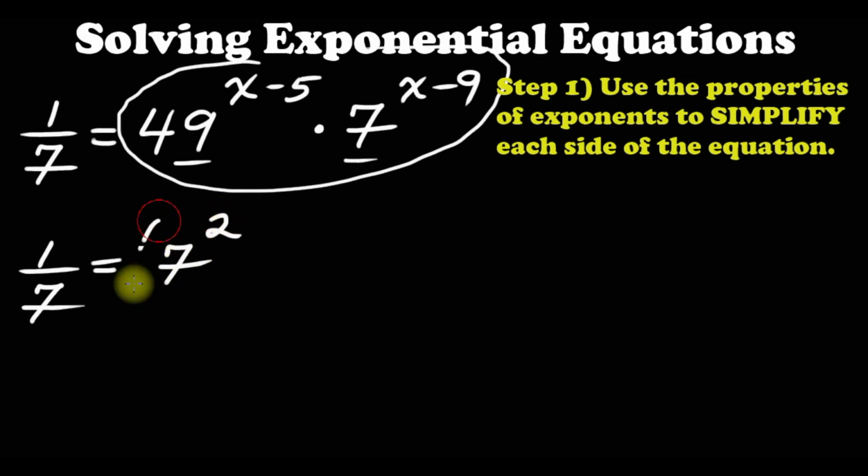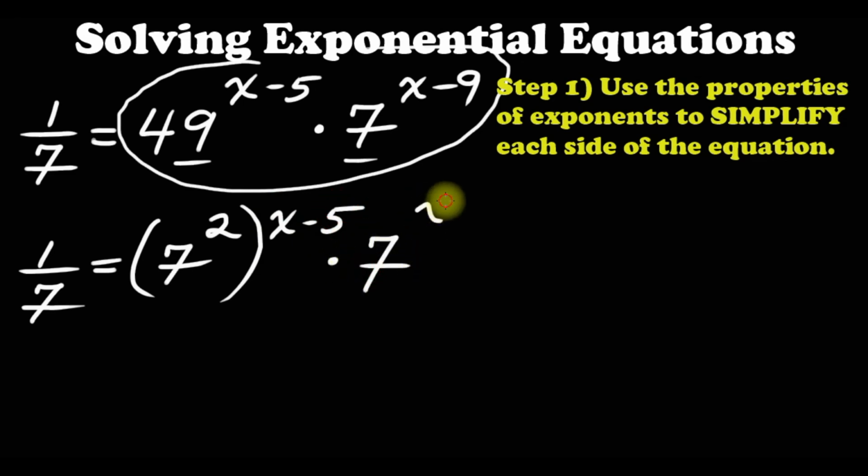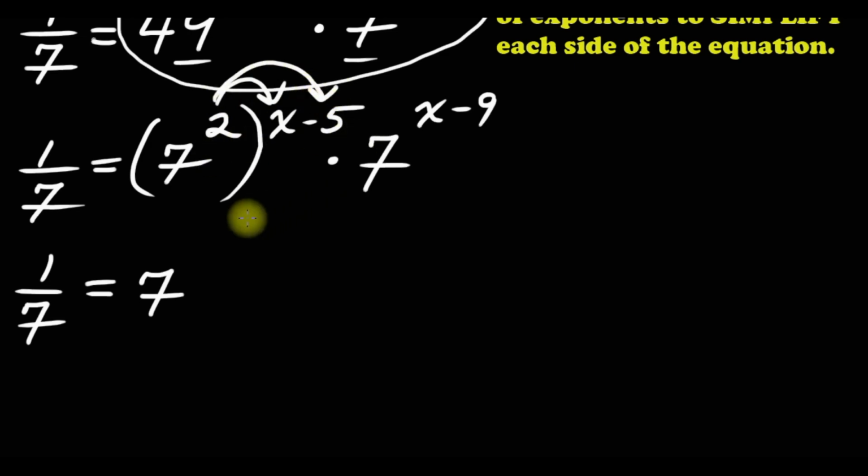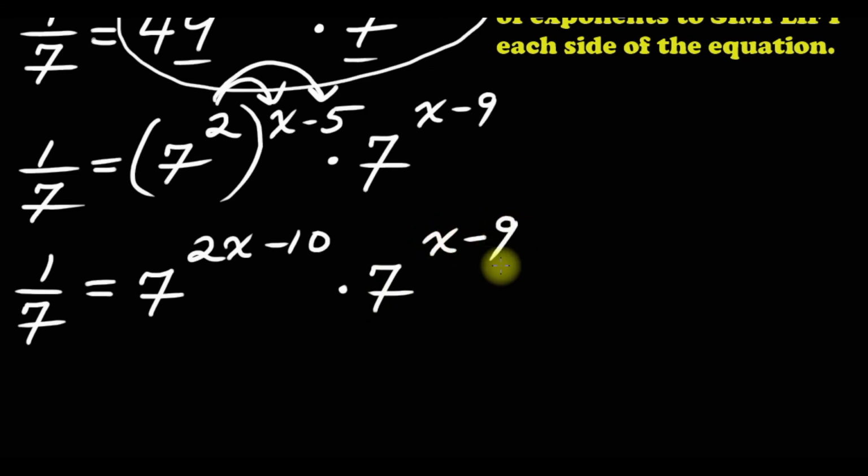So now you have base 7 to the x take away 5 and then times 7 to the x minus 9. Okay, so here you have 1 over 7 to the x, and here you're going to have 7 and then distribute the 2, because power to another power, you multiply their exponents. So that would be 2x minus 10 times 7 to the x minus 9.